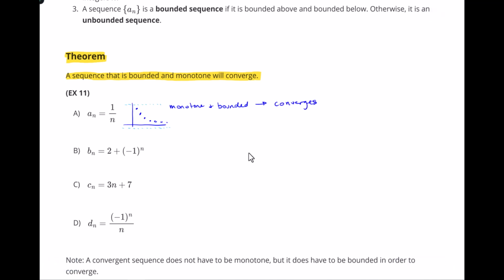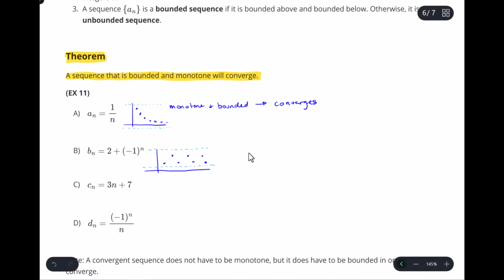All right, and let's look at the next one. So here we have a sequence, and this was from earlier, that looked like this. It is bounded. There is a value that's larger than every single term in this sequence, and there is a value that's smaller than every single term in the sequence. So it's bounded, but it's not monotone.